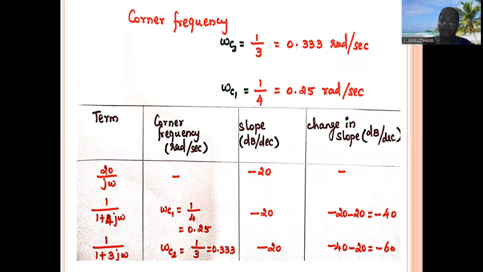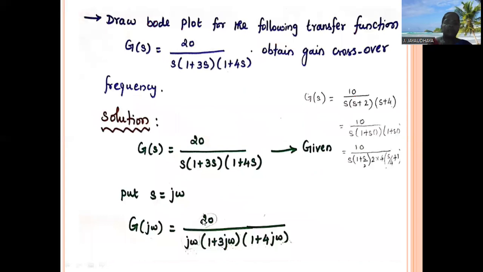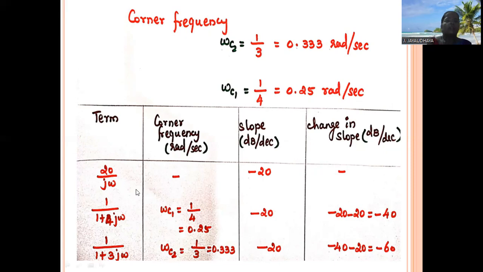For the magnitude plot, we form a table: first column term, second column corner frequency, third column slope, and fourth column change in slope. First I take the first term, 20 divided by j omega. For this first term, there is no corner frequency.